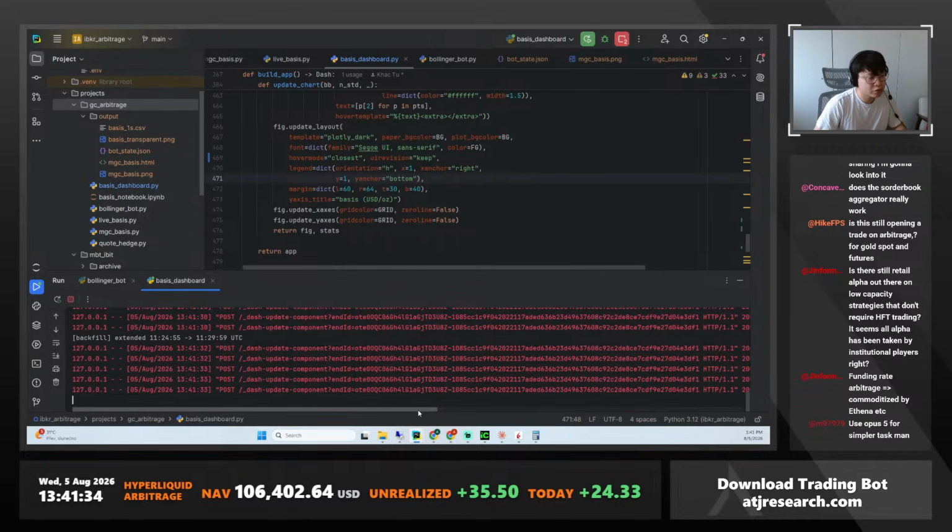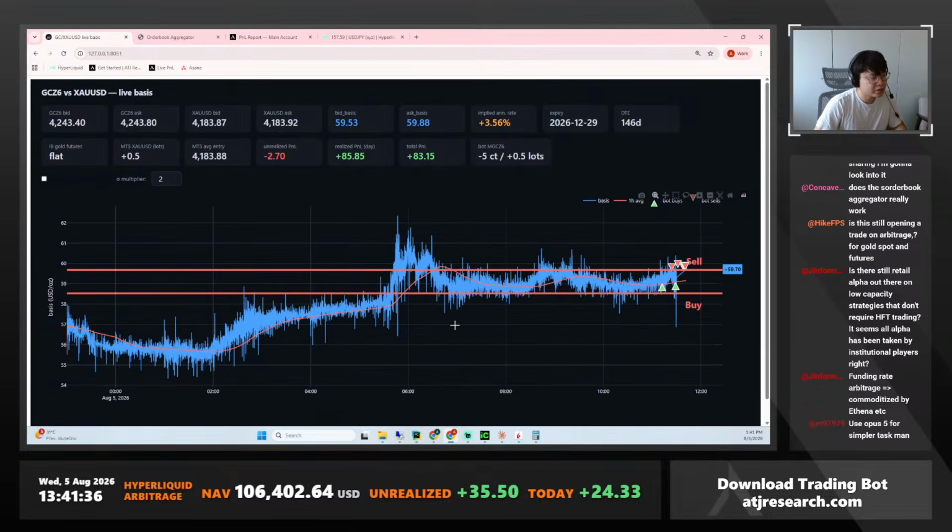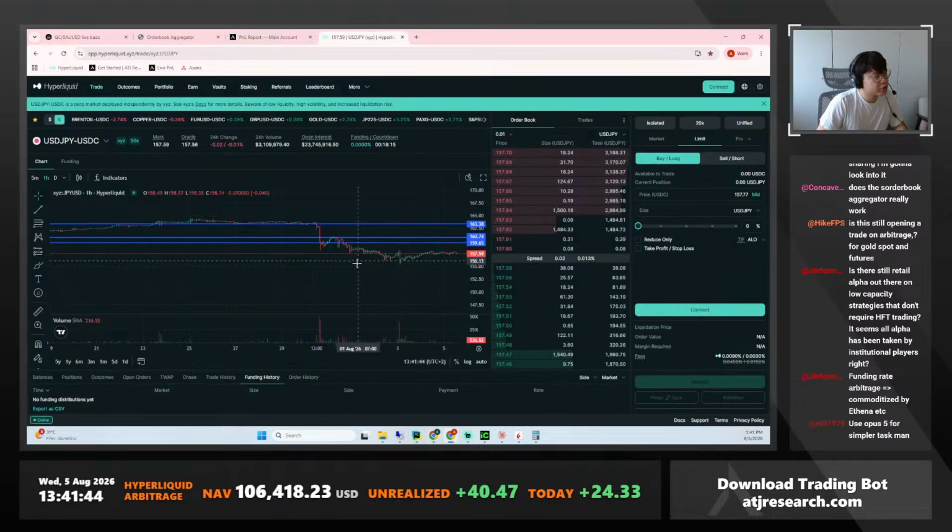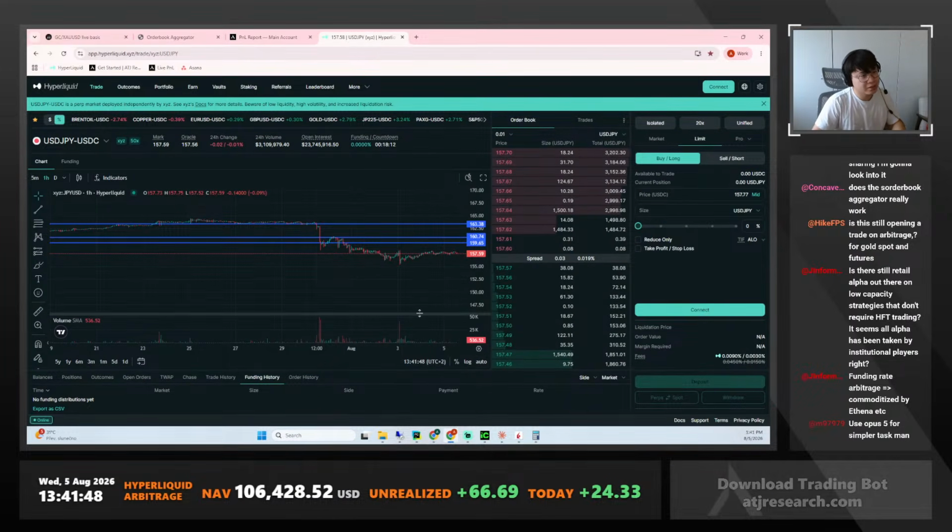After trading for so long and running strategies, I realized that retail traders have a huge advantage, especially in Hyperliquid. What I learned in Hyperliquid is that because the liquidity is low, my hypothesis is that the large institutions don't care about making a few hundreds of dollars or maybe $1,000 per day, right?